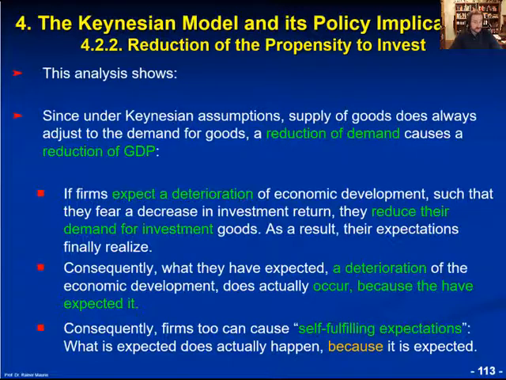As a result, their expectations finally realize. Consequently, what they have expected, namely a deterioration of the economic development, does actually occur because they have expected it.